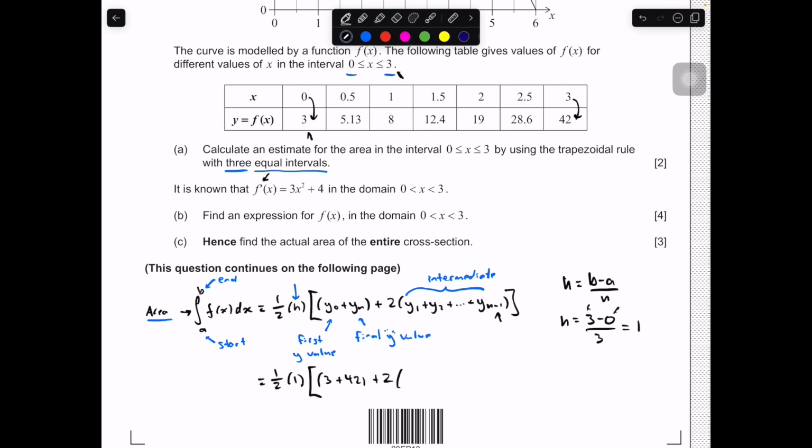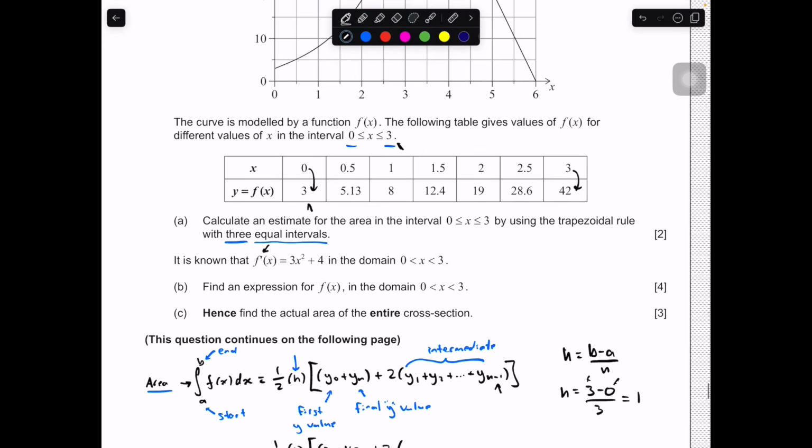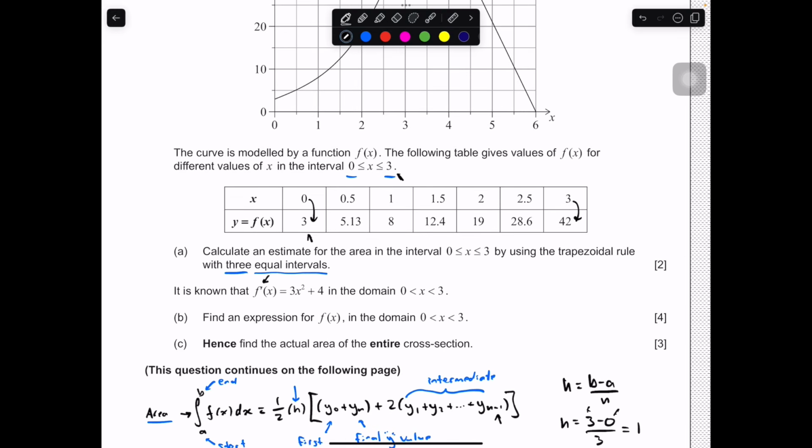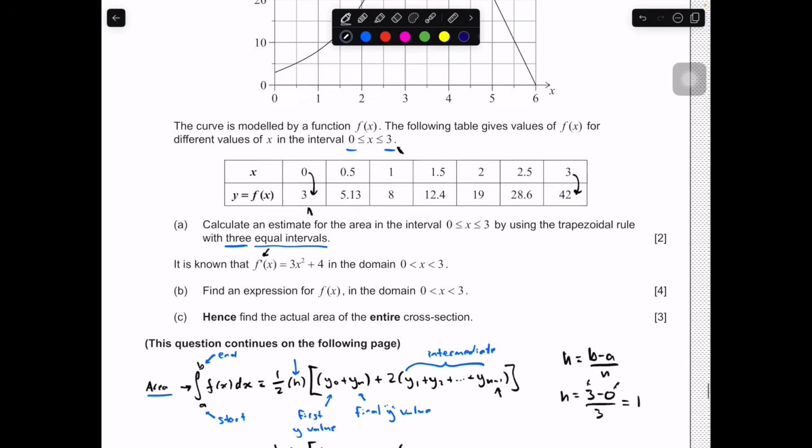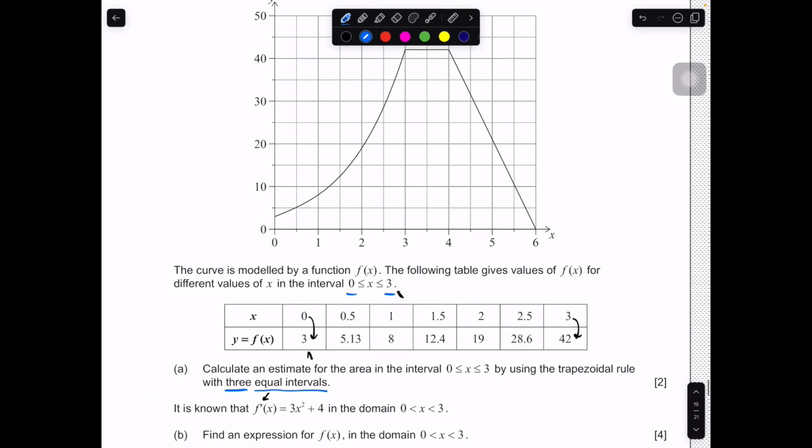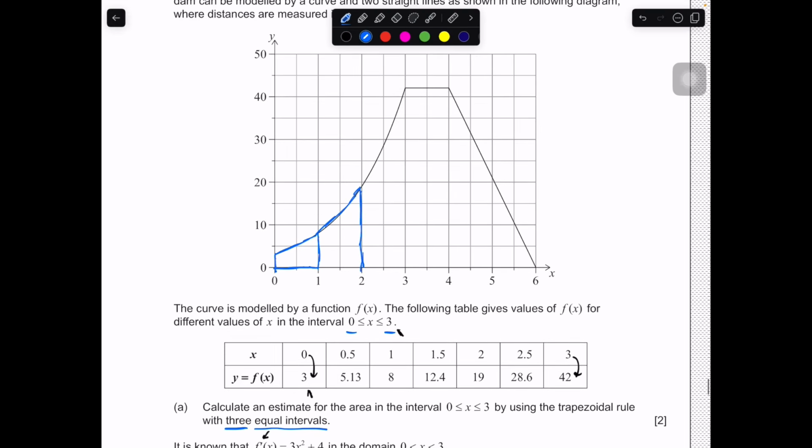But at this point, this is probably why it's the second last question, they've given us more information than we need. We're only breaking this area under the curve into 1, 2, and then 3 trapezoids right here.